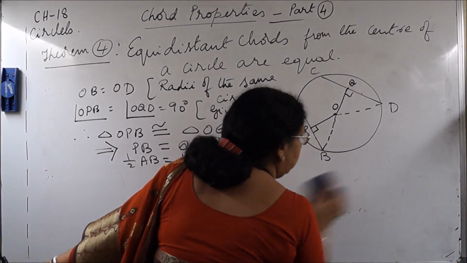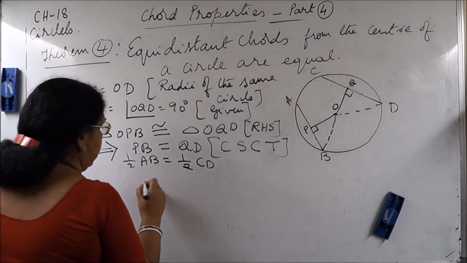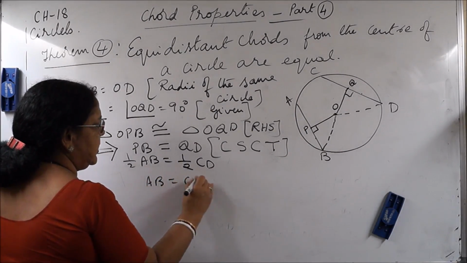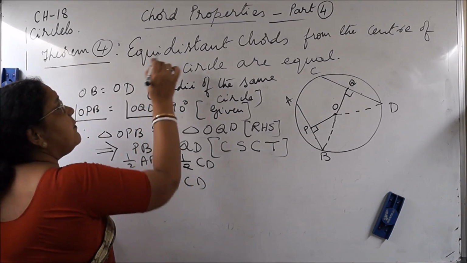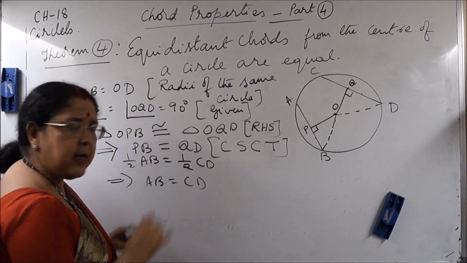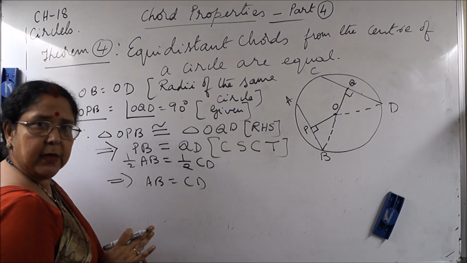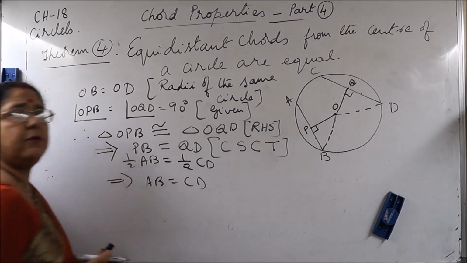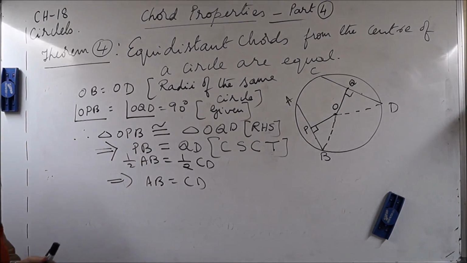Okay, so we have proved that AB is equal to CD. That means if the chords are equidistant from the center, then the chords will be equal. So we have proved that what is stated in this theorem is true.